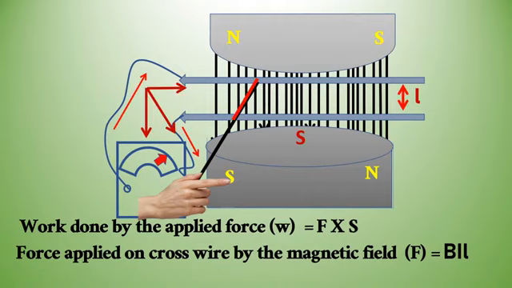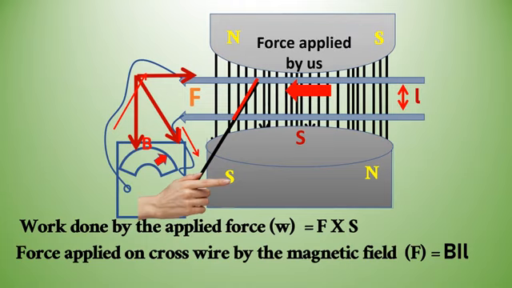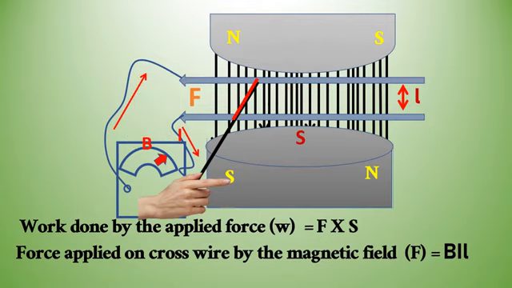According to Fleming's right-hand rule, the direction of the magnetic field is downwards here, and the force applied on the crosswire by the field opposes the force applied by us to move the crosswire. The direction of applied force determines the direction of current through the crosswire.